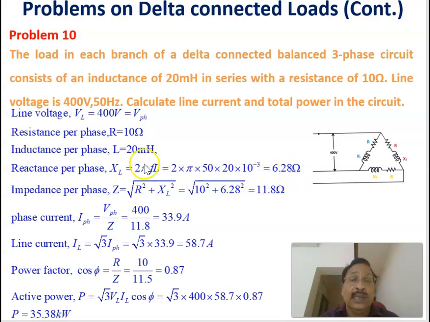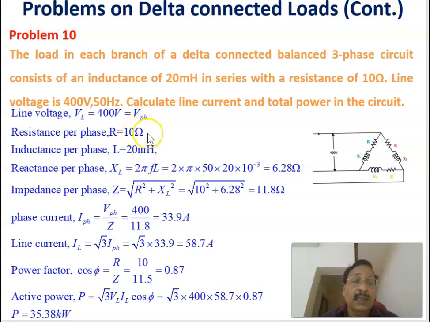Therefore, XL equal to 6.28 and R equal to 10 ohms. Then you can find the impedance. Z equal to root of R square plus XL square, square root of 10 square plus 6.28 square, which is equal to 11.8 ohms.